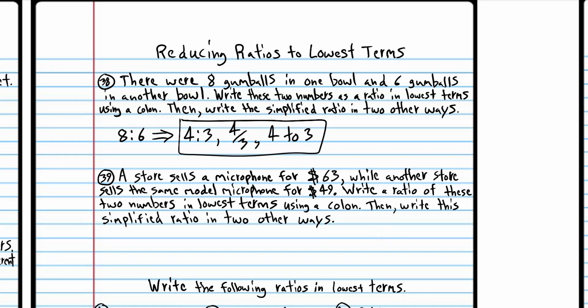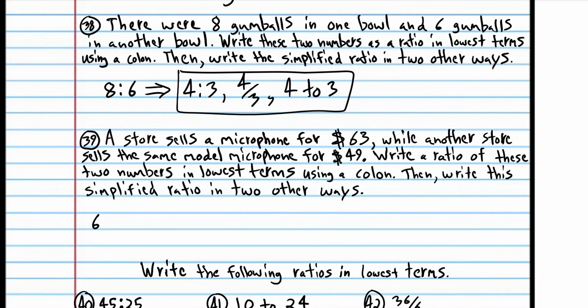All right, we're back. So 63 to 49, or you could write 49 to 63. Either way is fine. But we have to reduce that. It says lowest terms. So you notice that if we pretend this is like a fraction, you could just divide both sides by 7, and then we get 9 to 7.